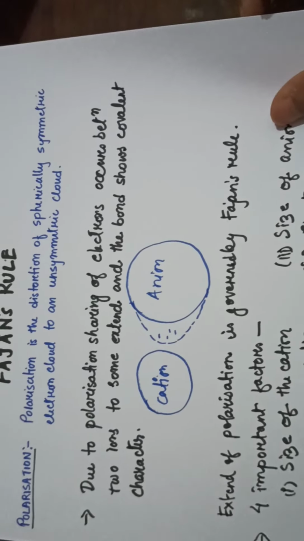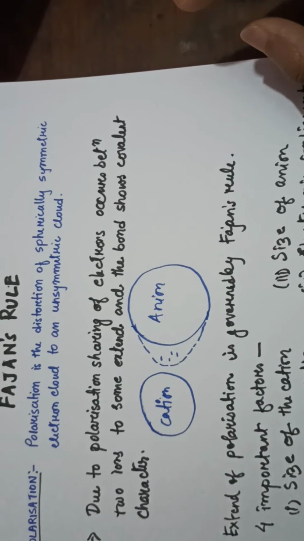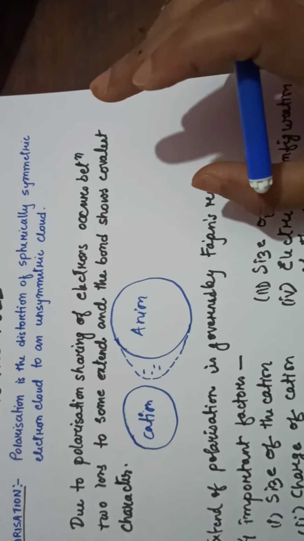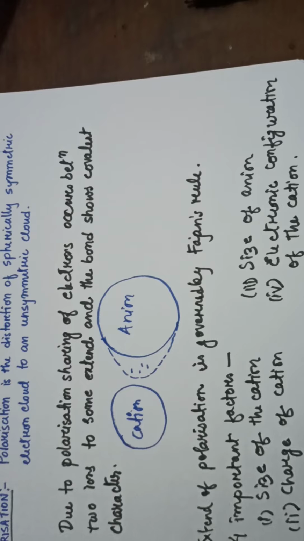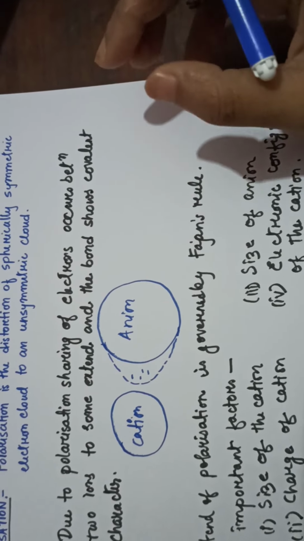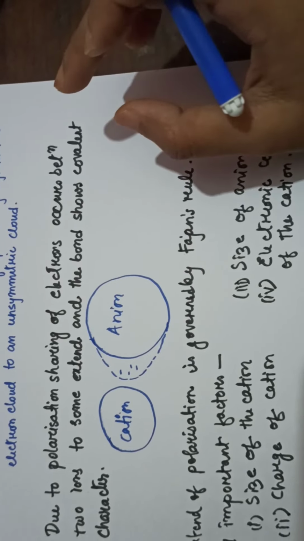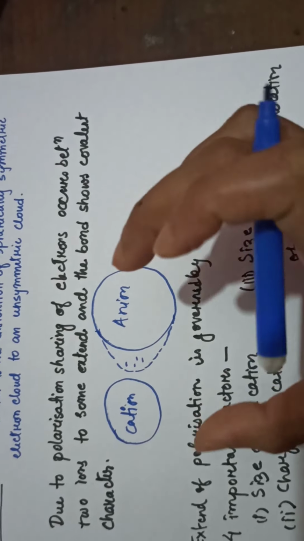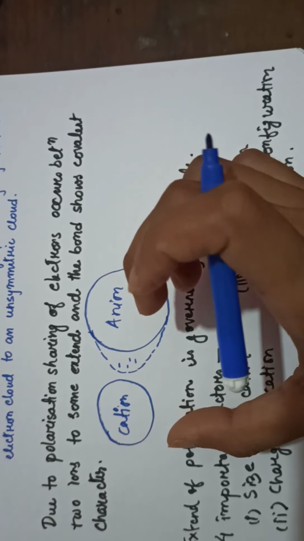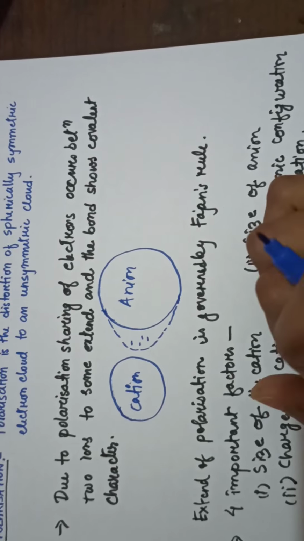Now in today's class, we have learned that covalent bonds are not purely covalent, and ionic bonds are also not purely ionic. We also learned about the polarizing power of the cation and polarisability of the anion. And because of polarisability and polarizing power, we have polarization in an ionic compound.